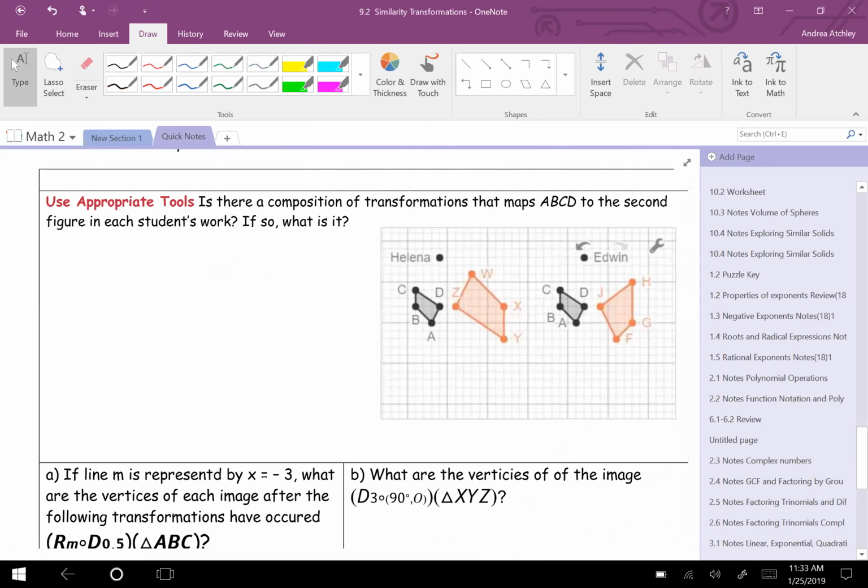Is there a composition of transformations that maps A, B, C, D to the second figure in each student's work? If so, what is it? Okay, so in your pairs, you guys are going to work together and try to see which transformations you're going to need to put A, B, C, D onto Z, W, X, Y.